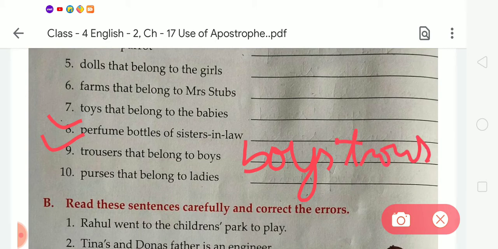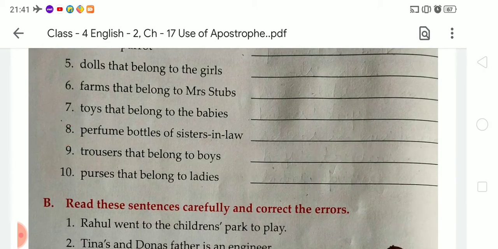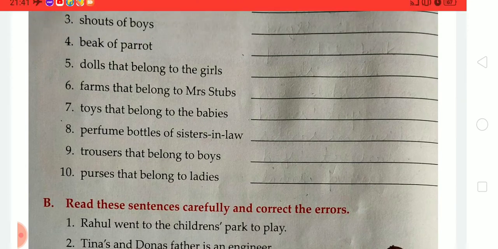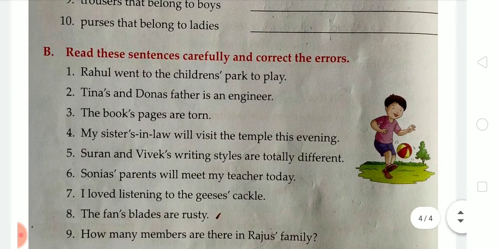Okay, next, last, purse that belongs to ladies, so we have to write ladies' purse. Okay student, by using the apostrophe s, and the sign of apostrophe. Now come to the next.